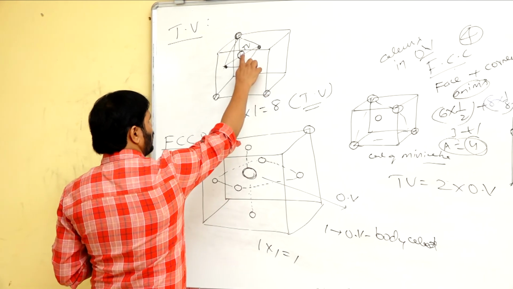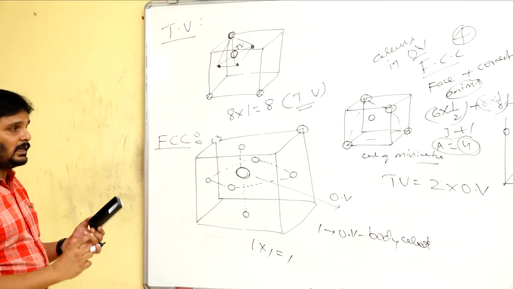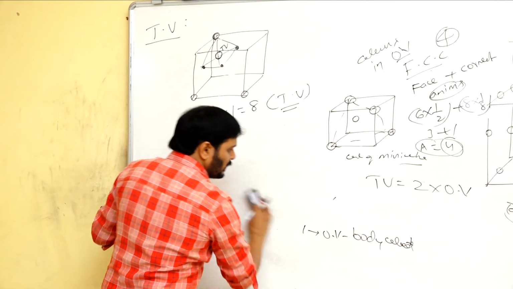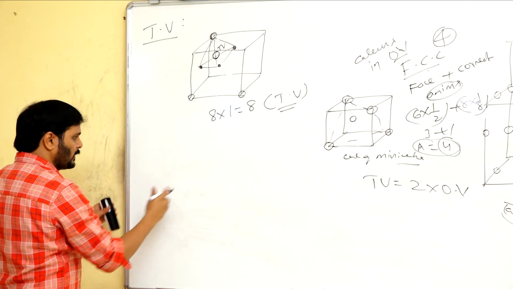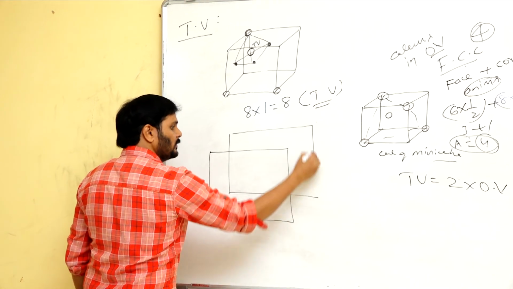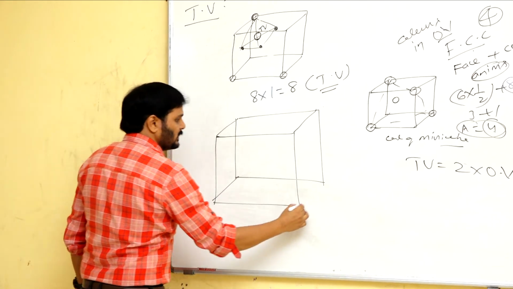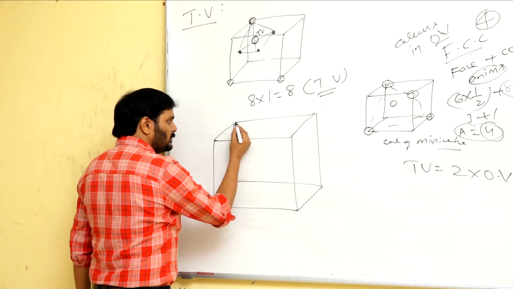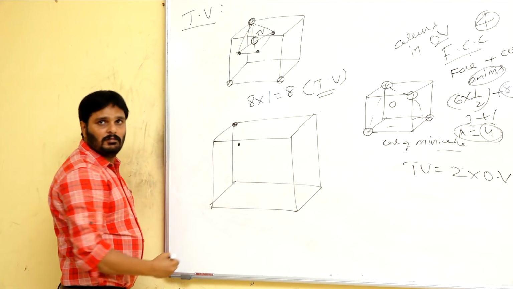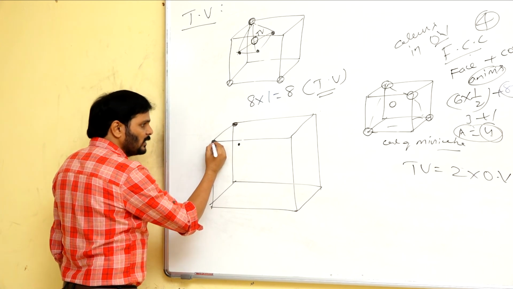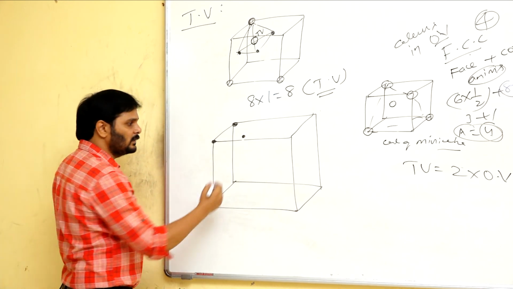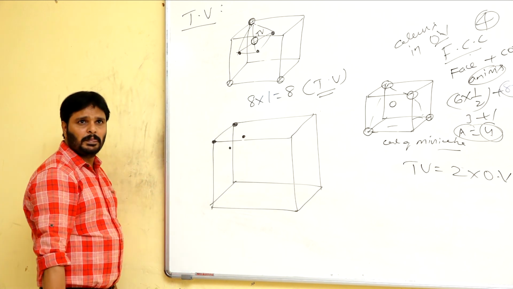So the location of all these 8 tetrahedral voids in the FCC: we have 4 body diagonals. Now, this is the FCC structure. This is a corner atom. For this corner, 1 tetrahedral void. Again, this is also a corner, then another tetrahedral void. For this corner, I can write 1 tetrahedral void, and here also 1 tetrahedral void.